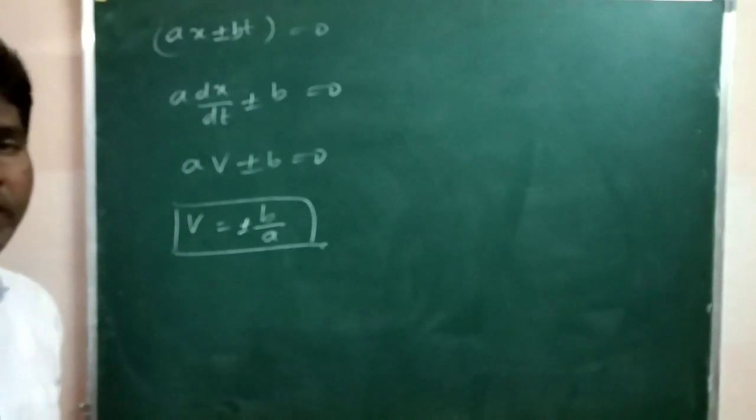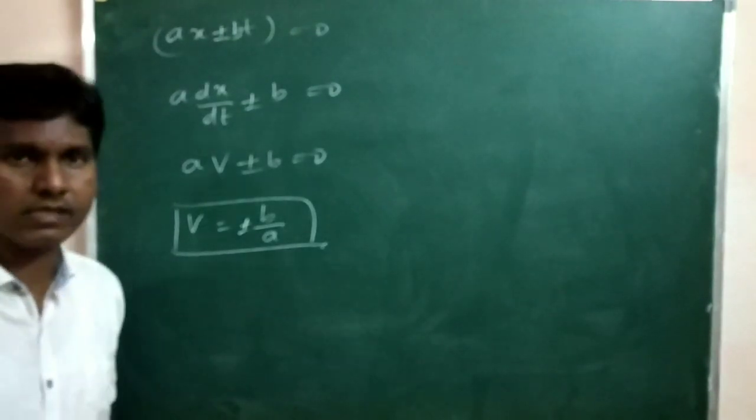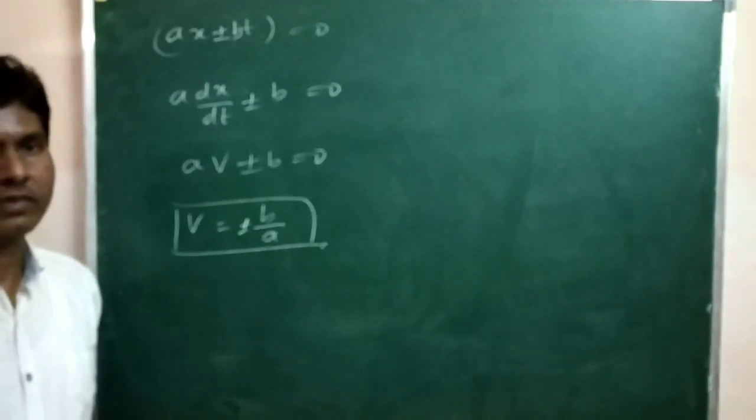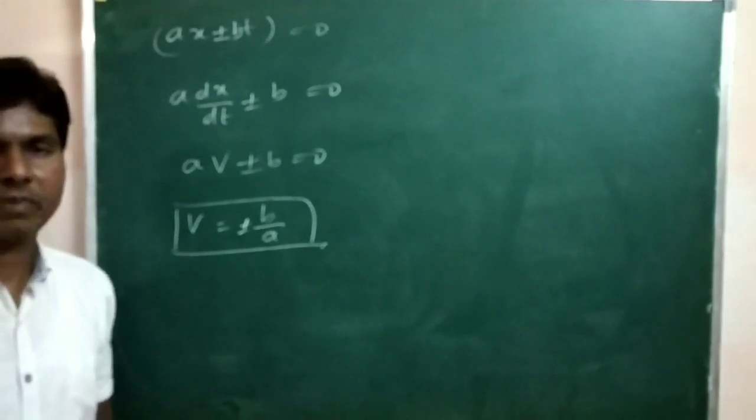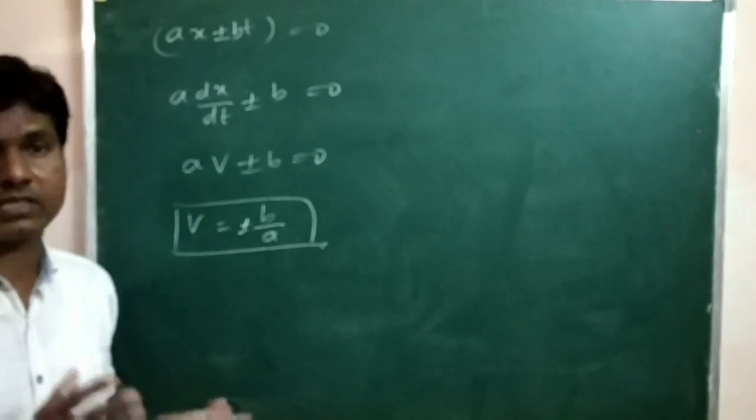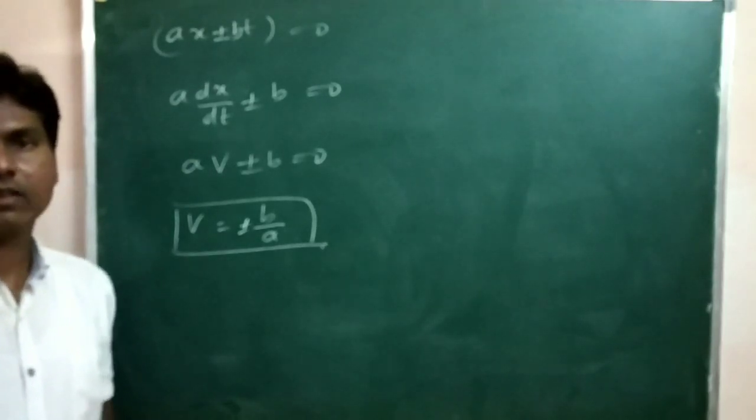Now what is the general equation? The general equation is y equals f of ax plus or minus bt. That is the general traveling wave equation.